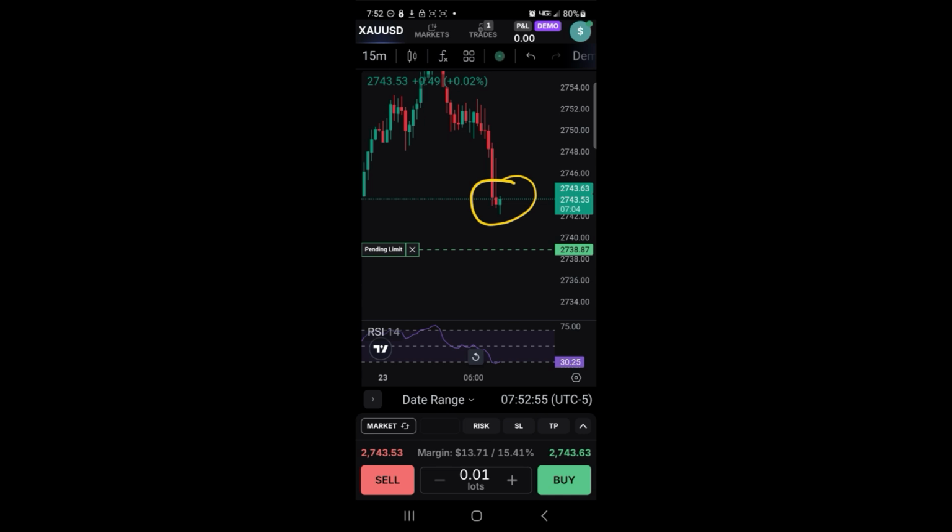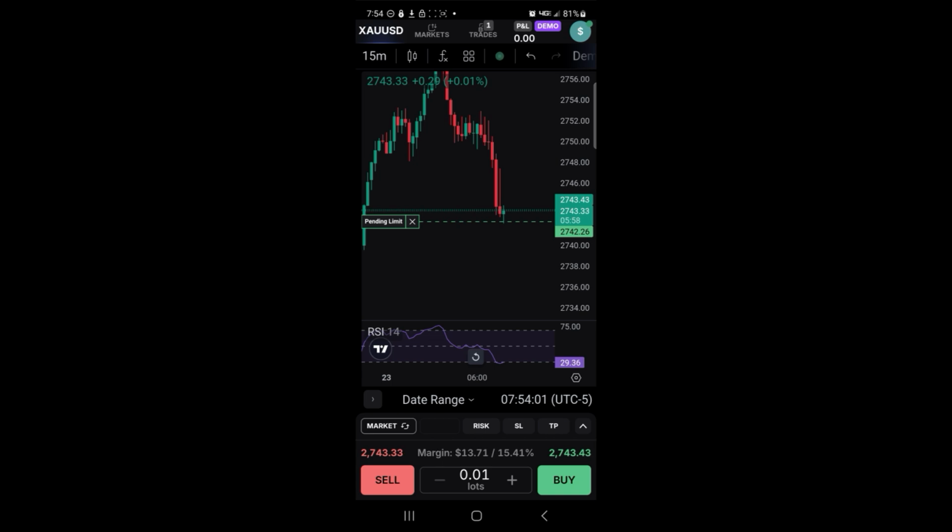And here's a possible reversal. And there's a confirmation. So at this point, you can readjust your pending, or you can just simply click on the buy position and X out your pending.